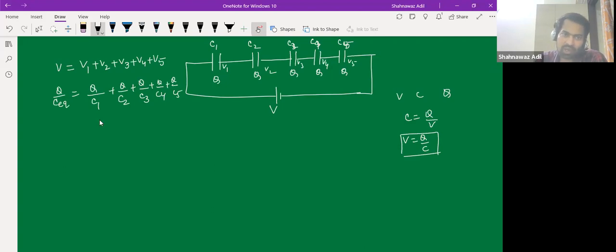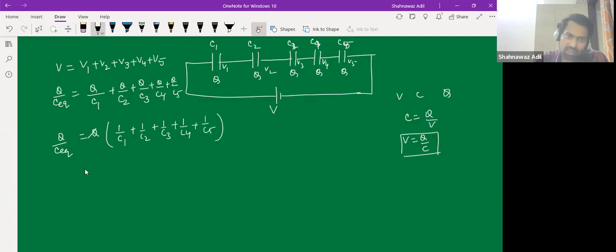So this Q is common, and we can take it as common. And this is 1 by C1 plus 1 by C2 plus 1 by C3, C4, and C5.